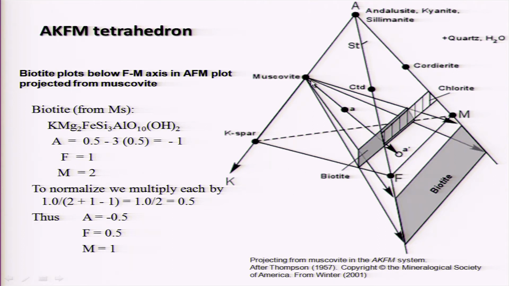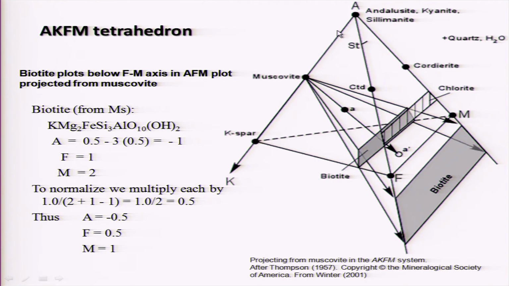Just to illustrate this, I will explain how this is plotted. A in biotite is -1, because the projection is from muscovite. For projecting from muscovite, we need to reduce the Al2O3 by the amount of Al2O3 associated in muscovite.